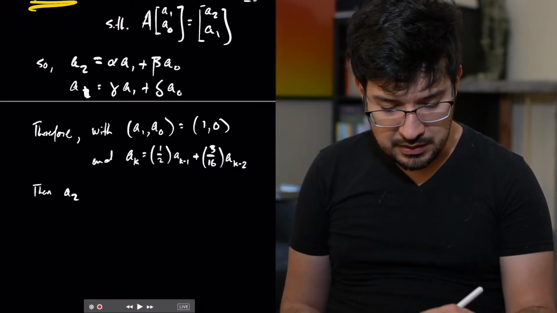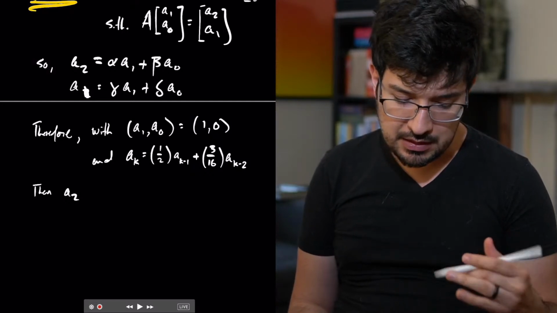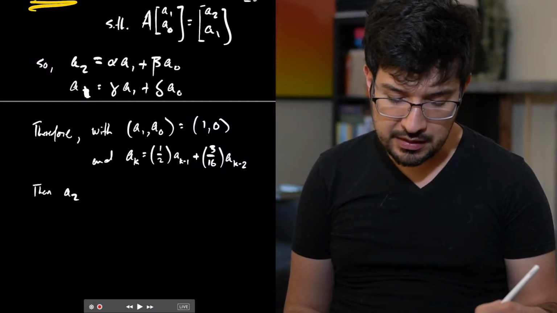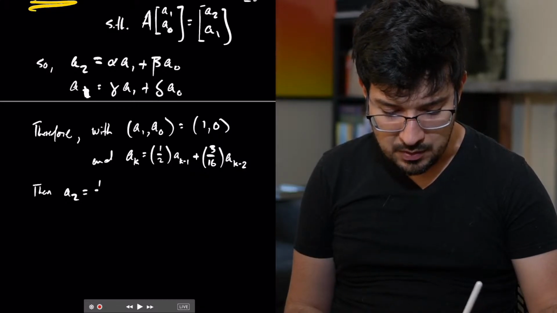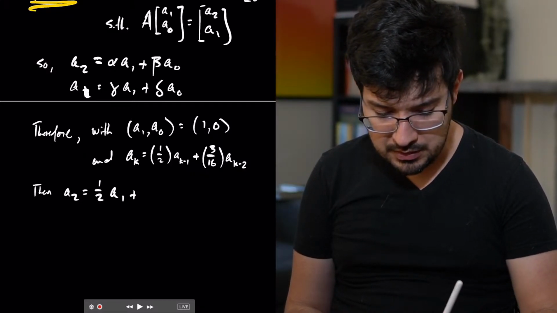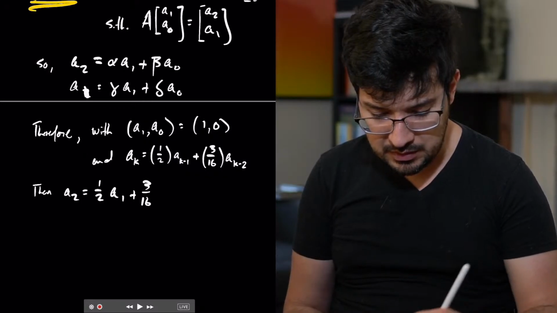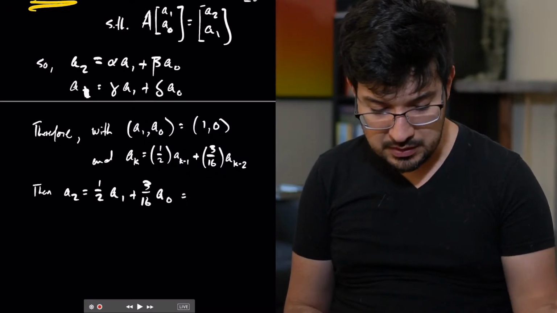Then A2, I think that we can solve for alpha, beta, gamma, delta if we just calculate A2, which is 1/2 times A1 plus 3/16 times A0.